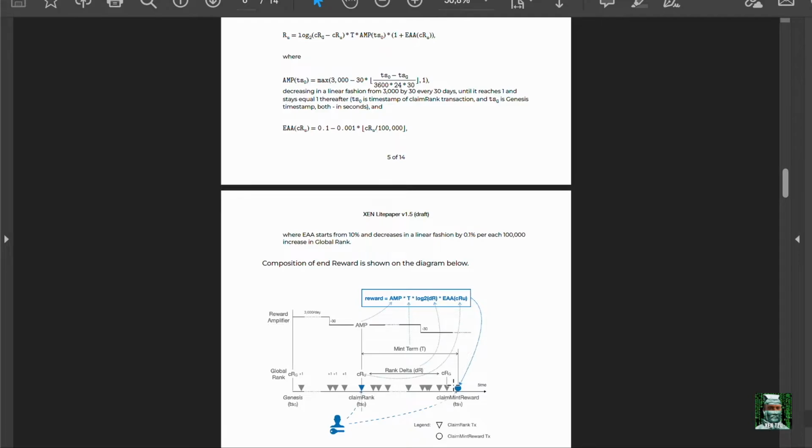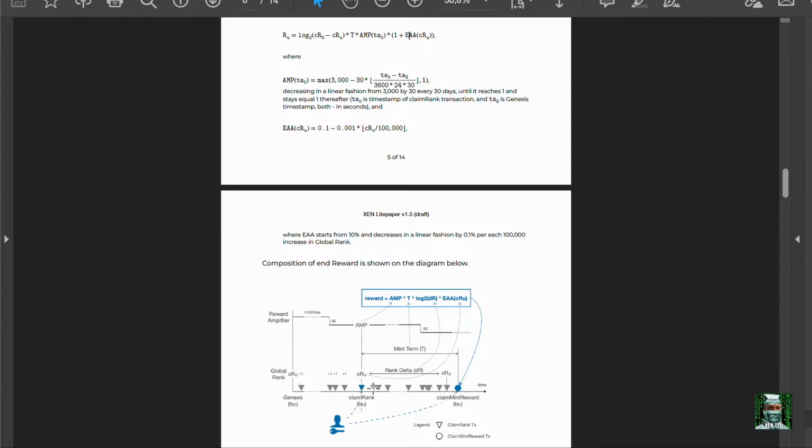So at the time of the mint, the total amount of addresses that have interacted with the protocol since Genesis, that's what we call the global rank. Actually, when you claim your rank, your rank is equal to the global rank at that point.